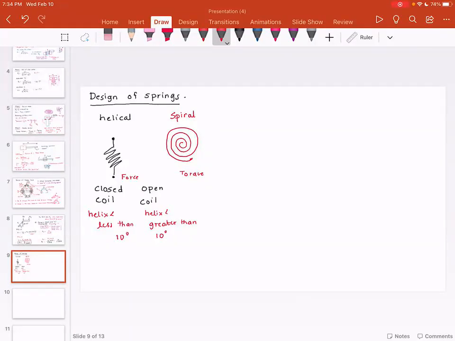Then you could have a leaf spring. And if you look at the leaf spring, these are the springs that are used in locomotives or trucks. Then there is a center bolt, and then there is a rebound clip. And the last but not least is the Belleville spring.